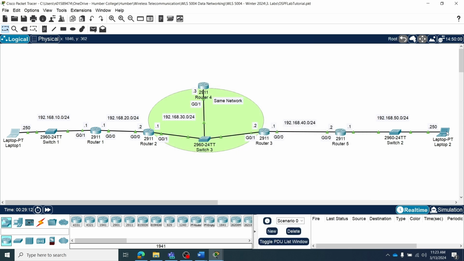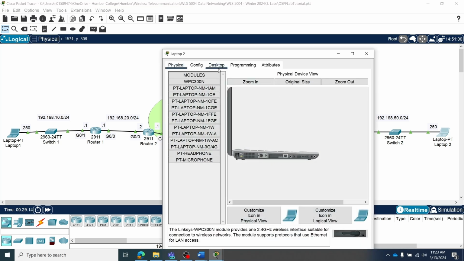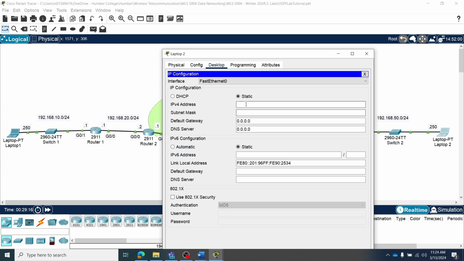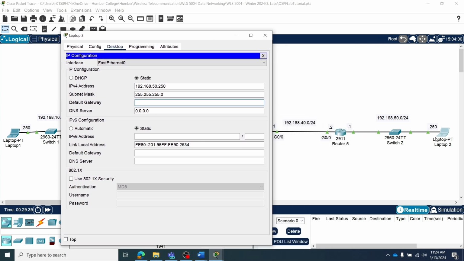And now let's configure IP on laptop 2. The IP address is 192.168.50.250, then the subnet mask is 255.255.255.0, and the default gateway is the IP address of the router port this laptop is connected to, router 5.